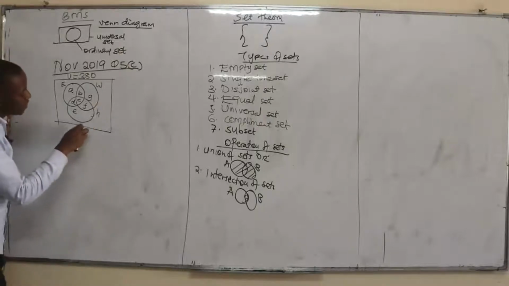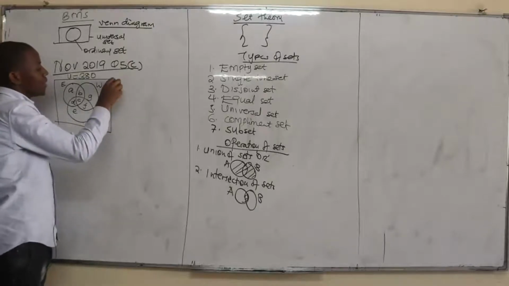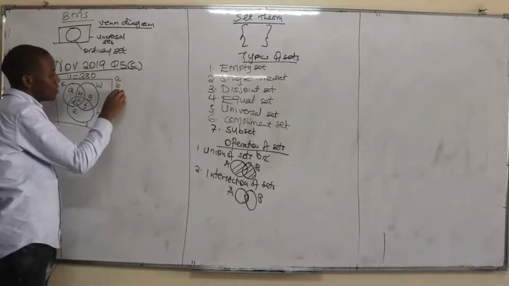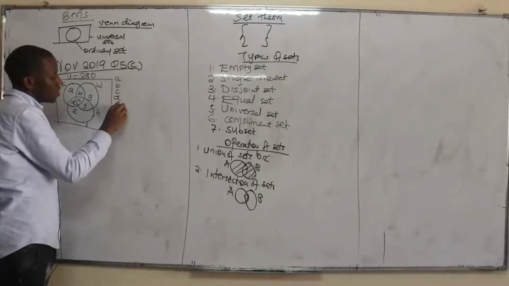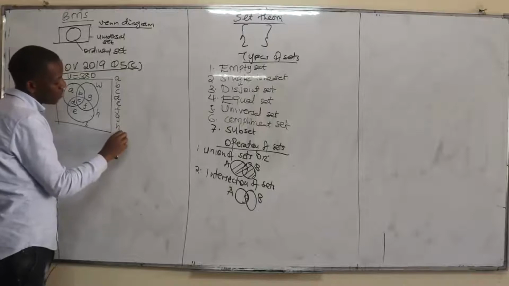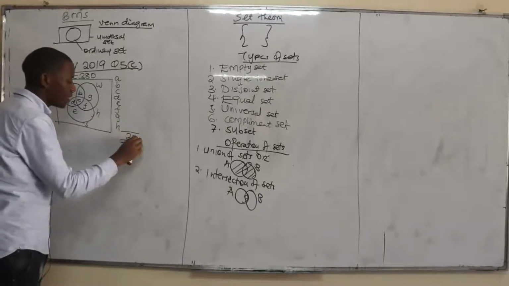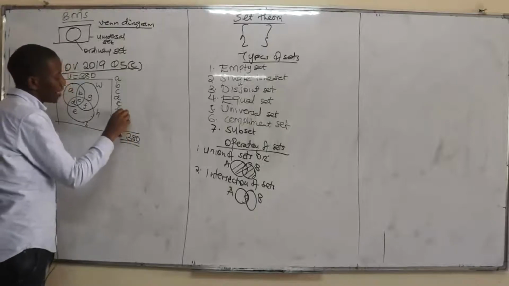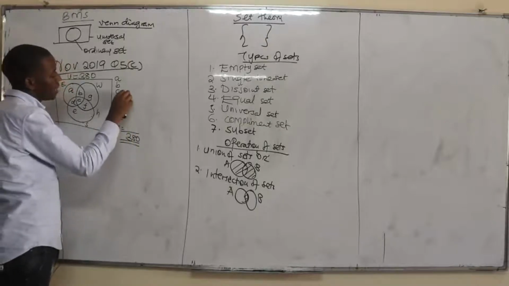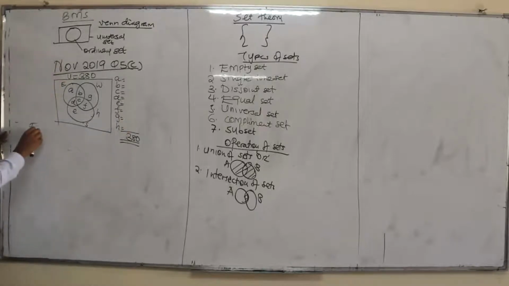So I will have all of them here, A to G, and then H, which should give us a total of 380 athletes.